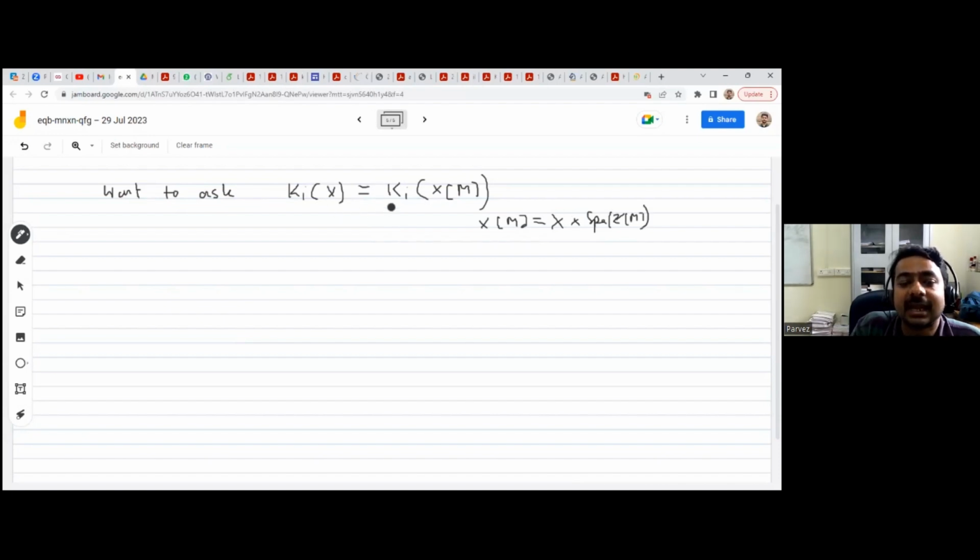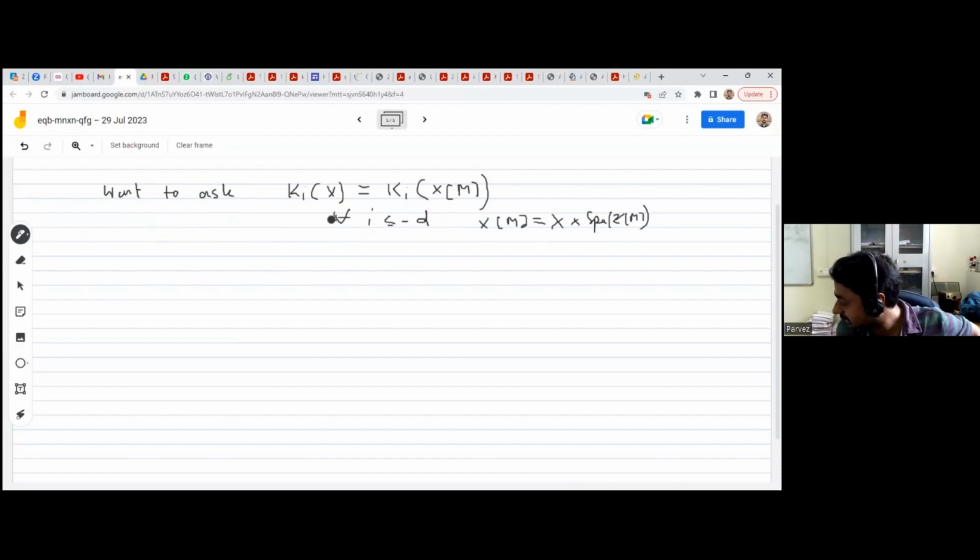So this is my X_M. Then I want to ask whether K_i of X is isomorphic to K_i of X_M, whether it is true for all i less than or equal to minus d. This is our question. In fact, this we prove.